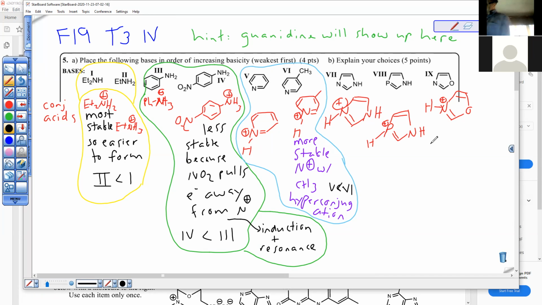Okay, these are all in the same family. I need to comment about the O not resonating as well. O doesn't resonate as well as N. It's more of a hog with its electrons.